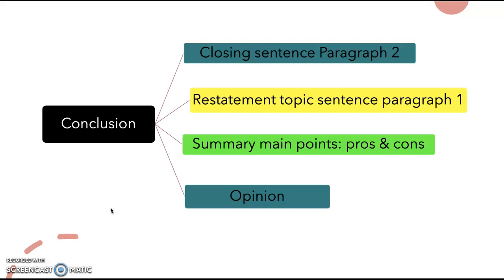Basically, again, you're going to paraphrase. You're going to say the two pros, the two advantages, and the two cons, the two disadvantages, in other words. And at the end, you're going to be giving a short personal opinion of the topic. So, now that we know all the elements of our pros and cons composition, let's take a look at an example.